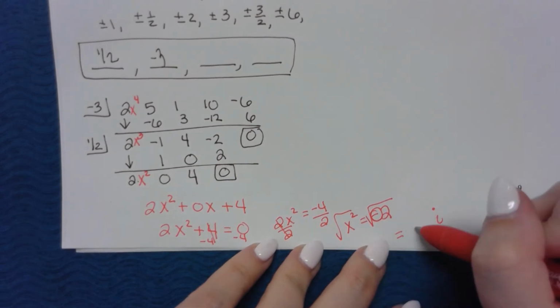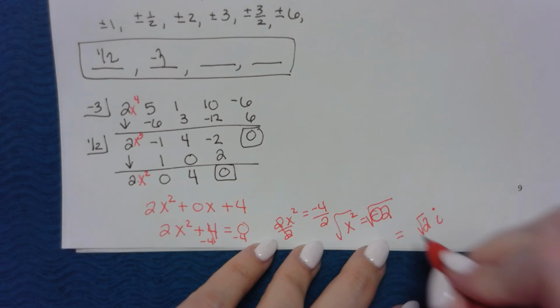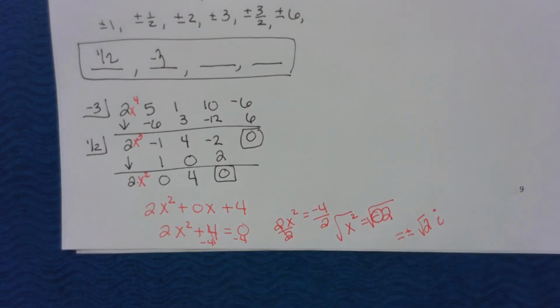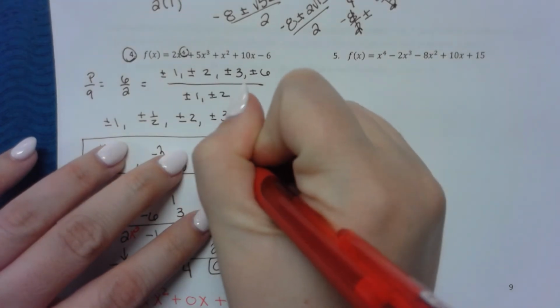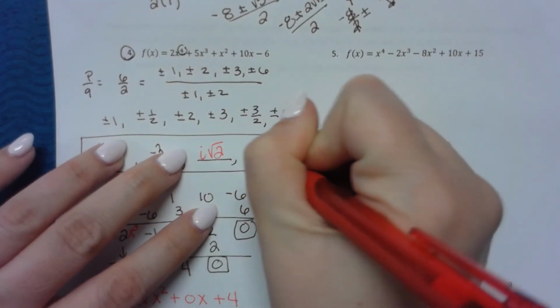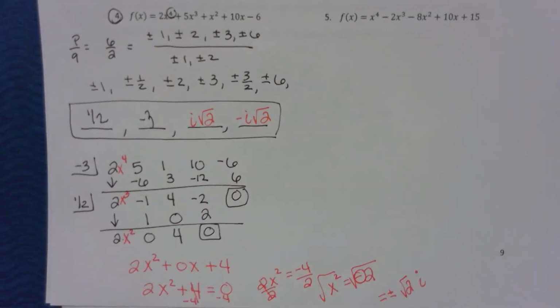The square root of 2 can't simplify, so we've got the square root of 2 times i, and then plus or minus, because whenever we take the square root, we can't forget plus or minus. So our last 2 answers are positive i root 2 and negative i root 2. Now we have all 4 of our answers.